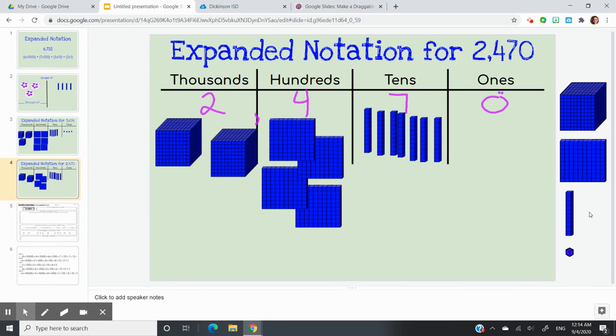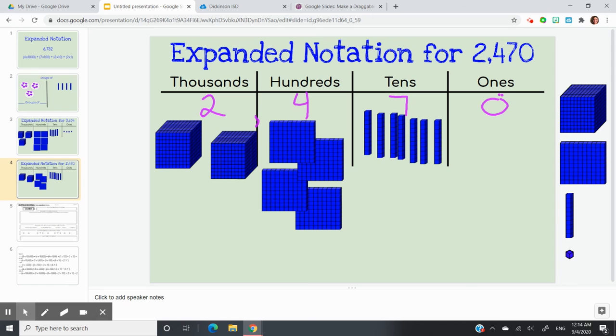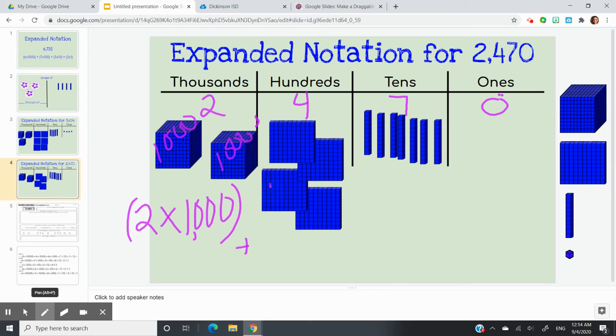Well, let's start with our thousands. So I have 2 thousands. That means I have 2 groups of 1,000. Okay, now let's move on to our hundreds. I have 100, 100, 100, 100. That means I have 4 groups of 100.